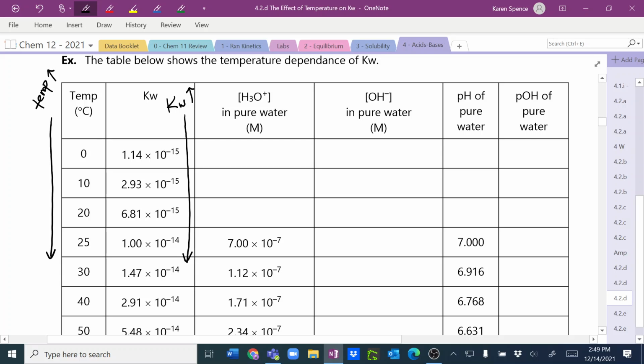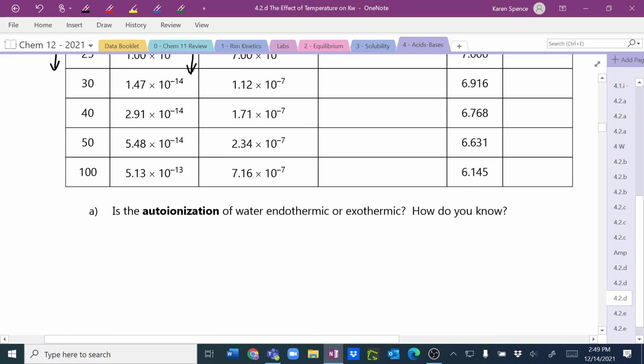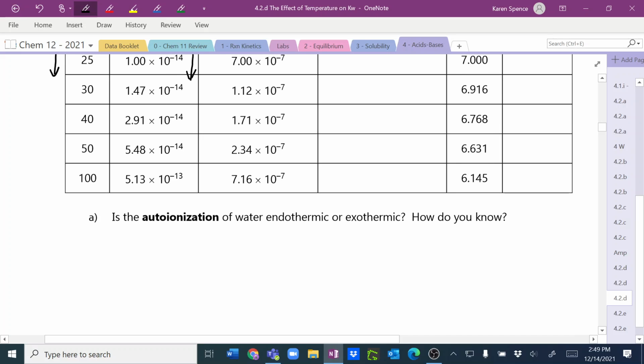So we're going to write that down in our first little question here because it'll be useful information. As temperature increases, Kw increases. Now, do you remember what Kw is? Kw, what's the formula? Tell your partner, what is the formula for Kw?